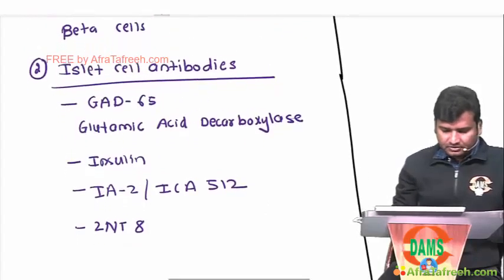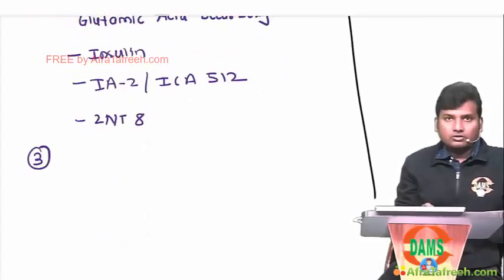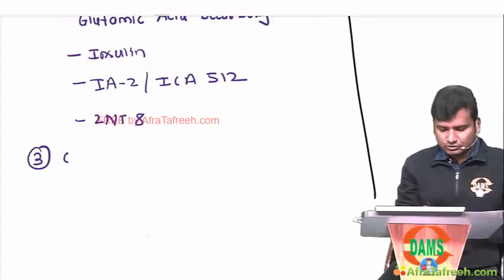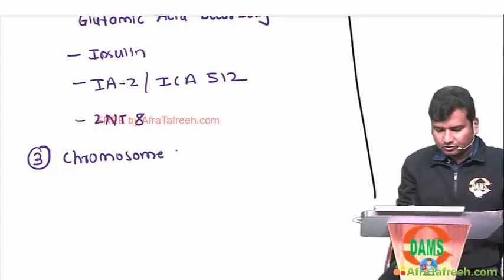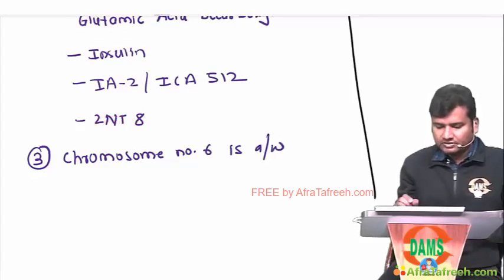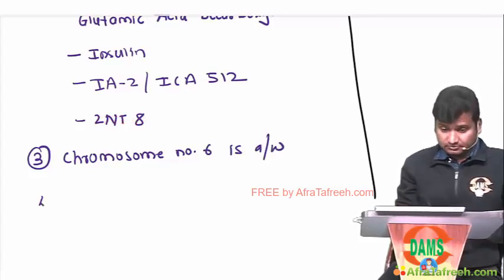Then chromosome number 6 is associated with type 1 diabetes.